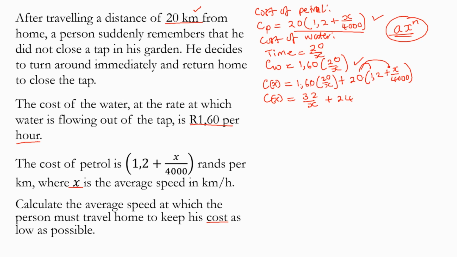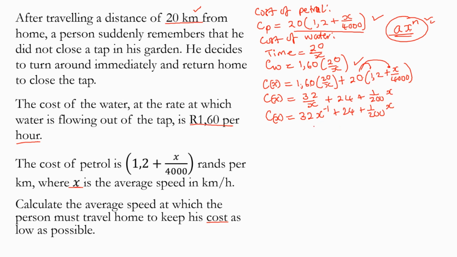Then 20 over 4,000, you remain with x over 200. Just say 20 divided by 4,000, you'll get 1 over 200. So it means this is plus 1 over 200 x, or x over 200. But remember, I want us to write in this form where you have the coefficient and the power. So the total cost is equal to 3,200 times x to the power negative 1 plus 24 plus 1 over 200 x.